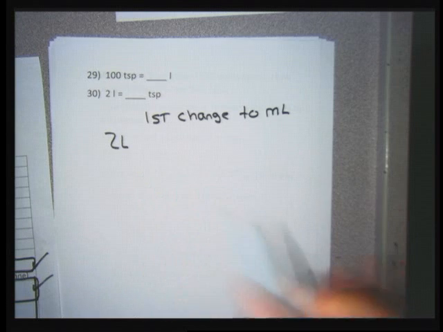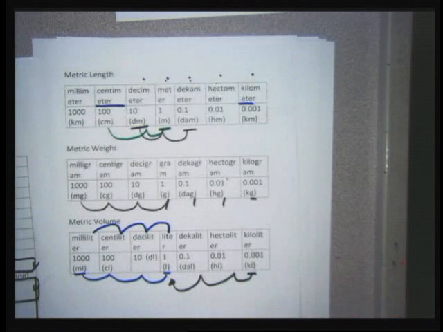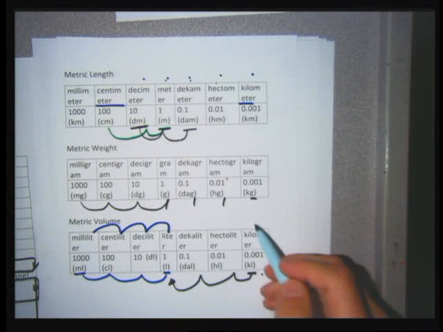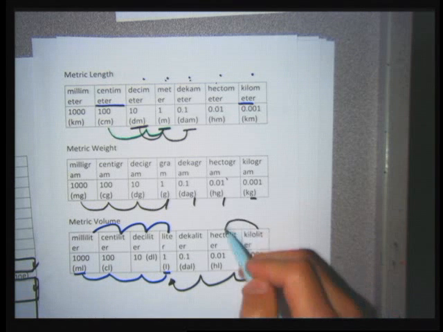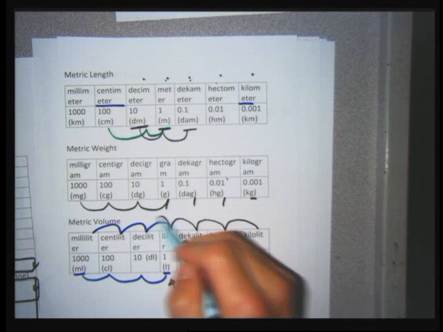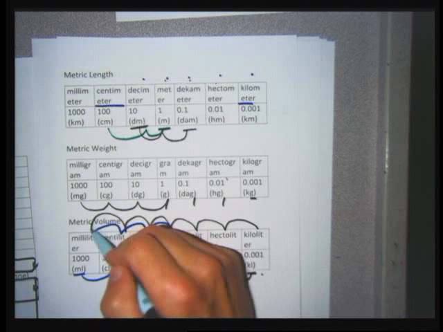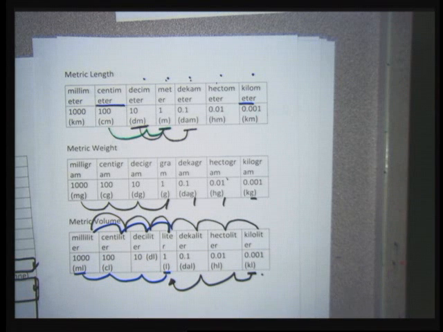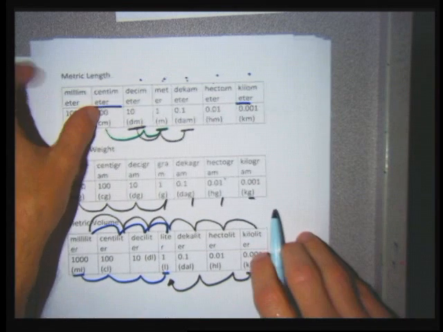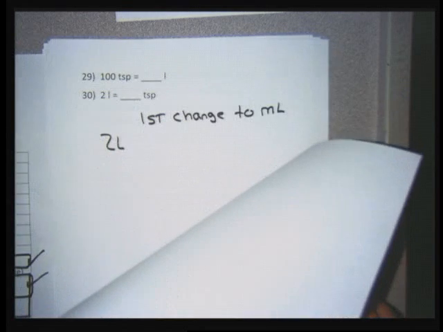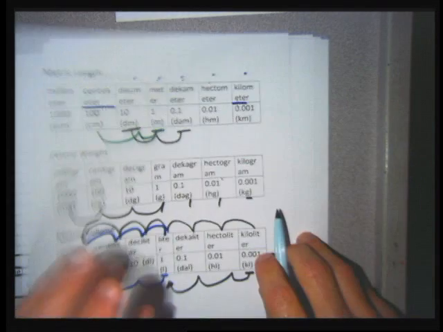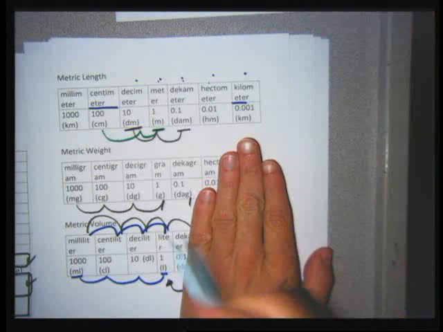To get from liters to milliliters, I find my liters, I find my milliliters. Oh my gosh, it's 1, 2, 3, 4, 5, 6 to the left, which means I need to move the decimal 6 to the right. I got a little crazy. Sorry, supposed to go from liters to milliliters.